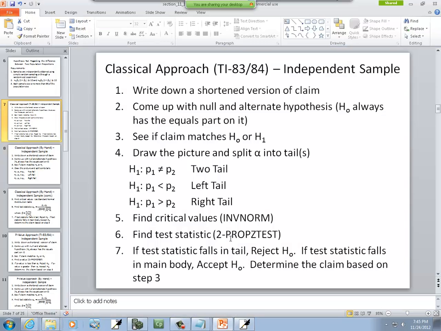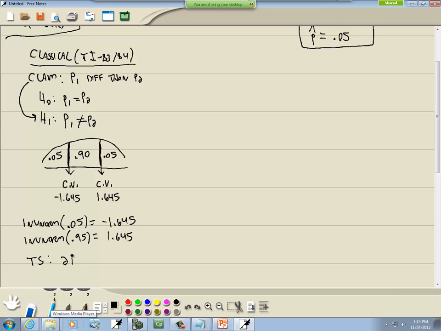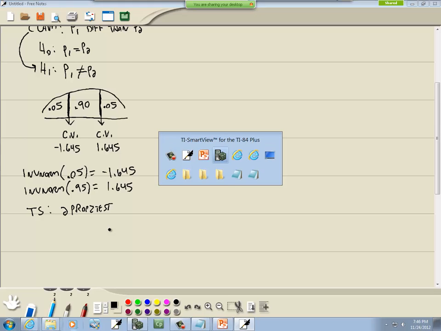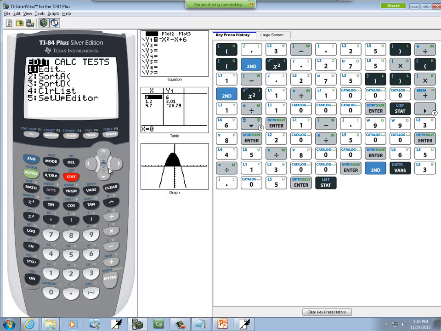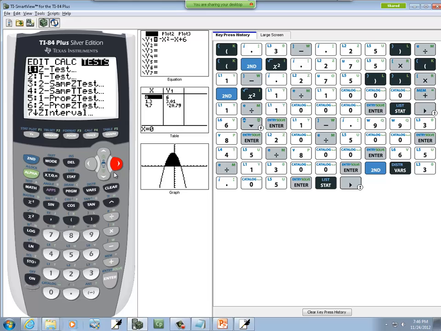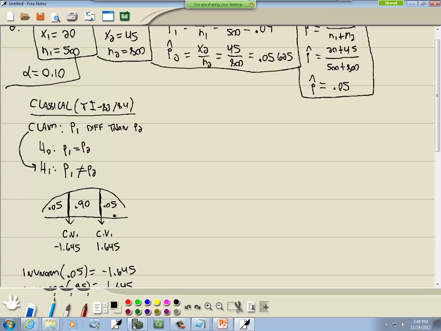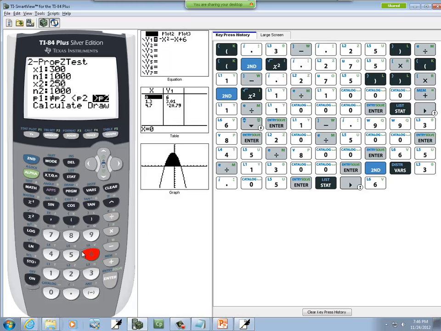Now the test statistic we get with 2-prop z test. So let's go do that. Go to stat, go to tests. 2-prop z test is number 6, so choose that. X1 is 20. N1 is 500. X2 is 45.